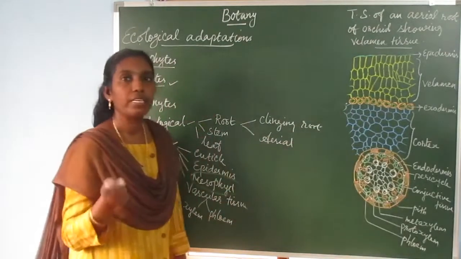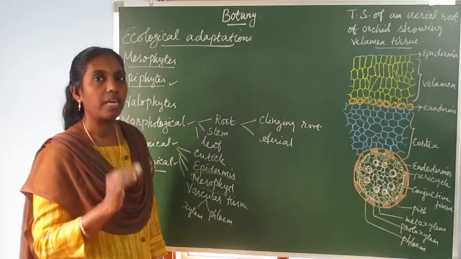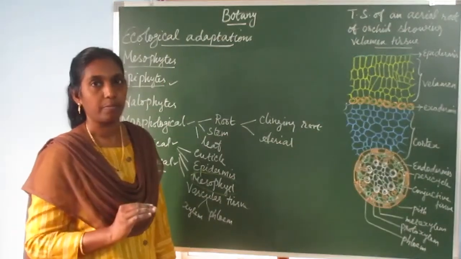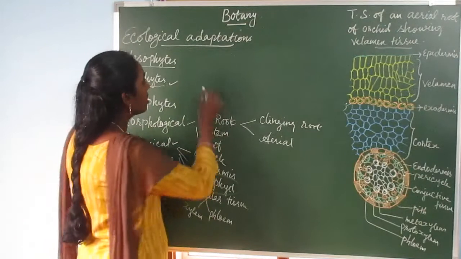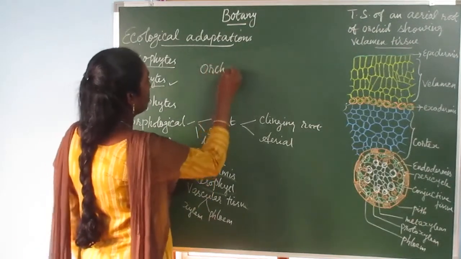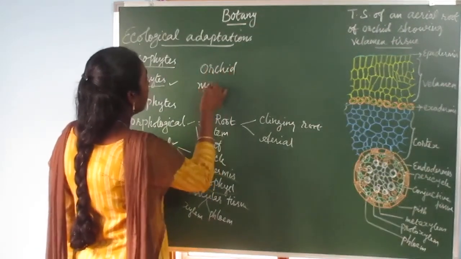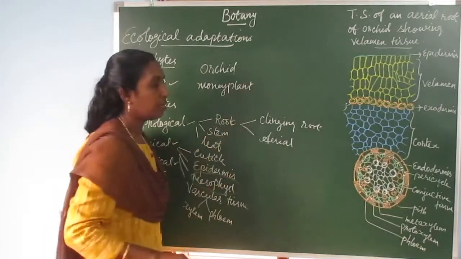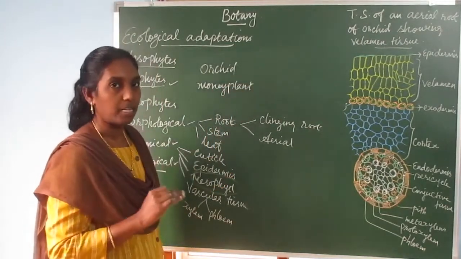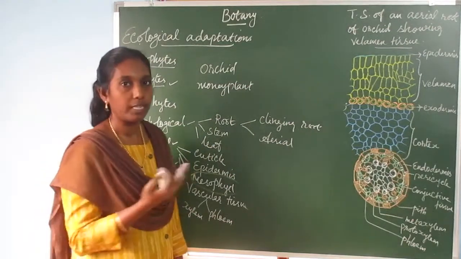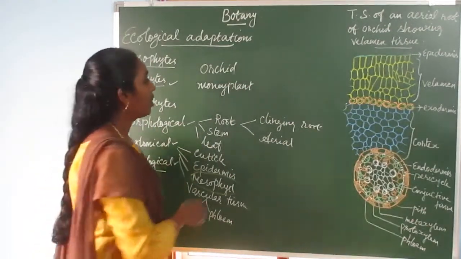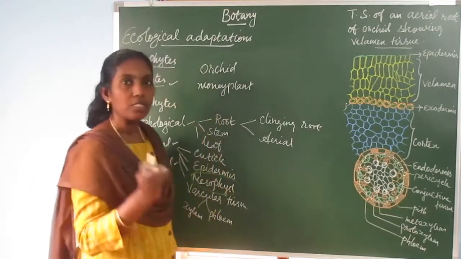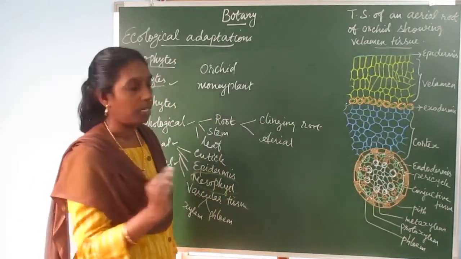There are 2 different types of roots observed in epiphytic plants. Examples of epiphytes, you know, there are a number of orchids as well as money plant. These come under epiphytic plants. Orchids, you know, and money plant is also a very common example. These all plants possess 2 different types of roots.